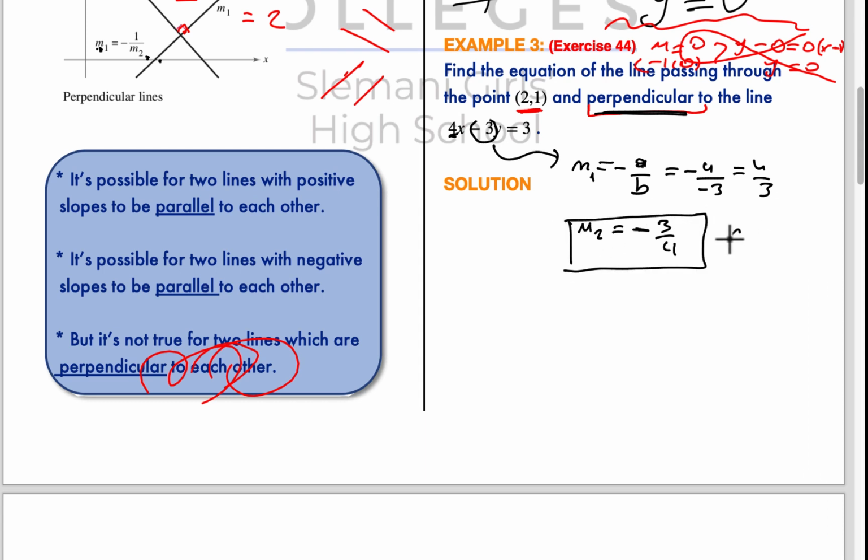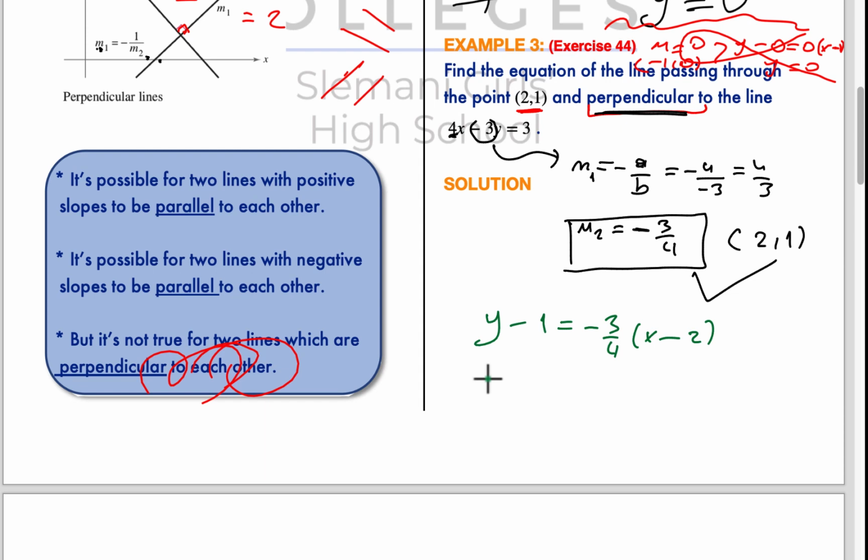I know this point, (2, 1). I know these two pieces of information. So they're enough for me to write the equation. Use the rule. y minus y1, which is 1, equals m, negative 3 over 4, times (x minus x1, which is 2). So that's my equation.